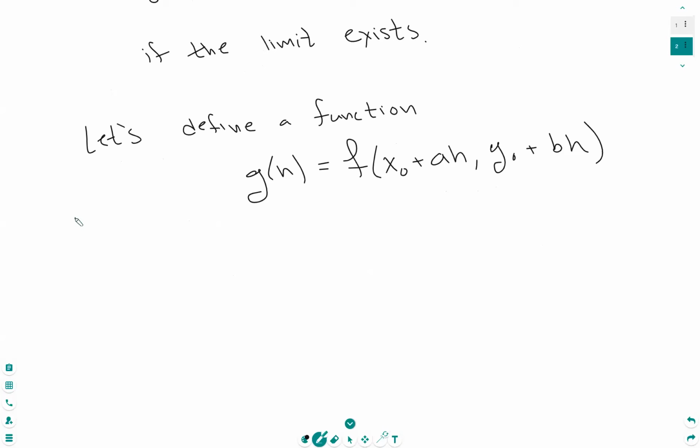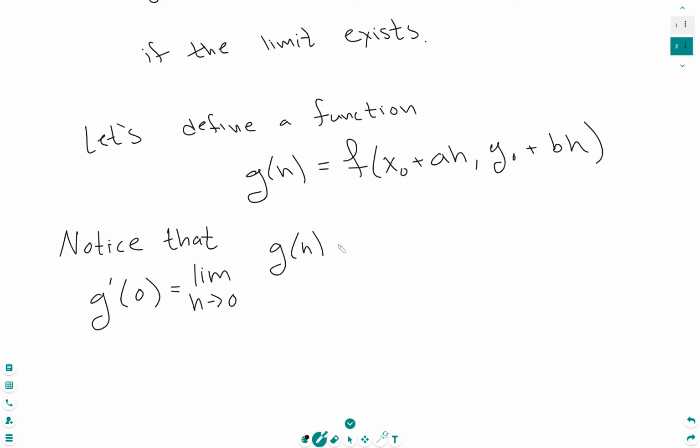So what we can do is notice that the derivative of g at 0, meaning how g changes with respect to h as we approach 0, is the limit as h goes to 0 of g of h minus g at 0, over h.